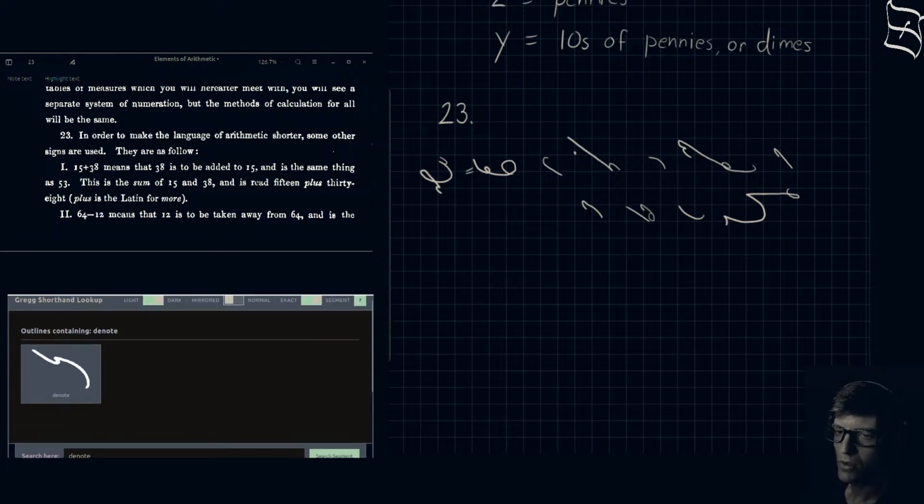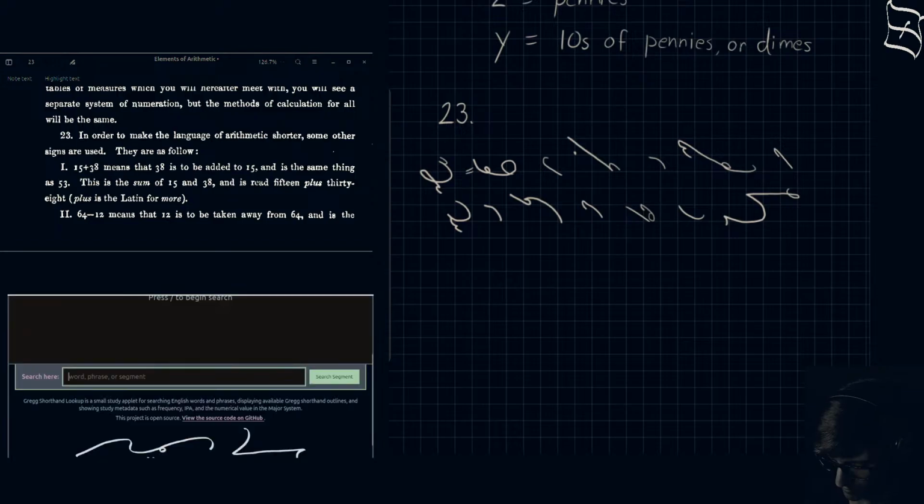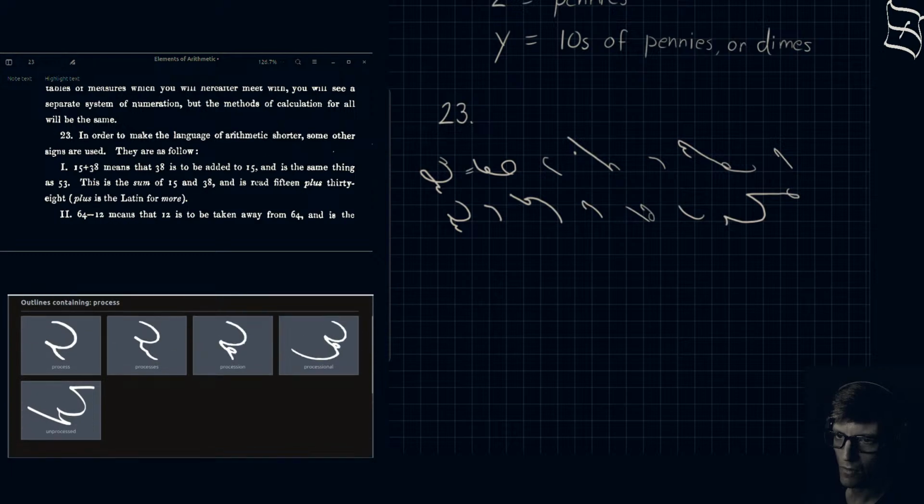So symbols are used to denote the processes. Is that correct? It's like a process. Yes, pretty much. Okay, good.